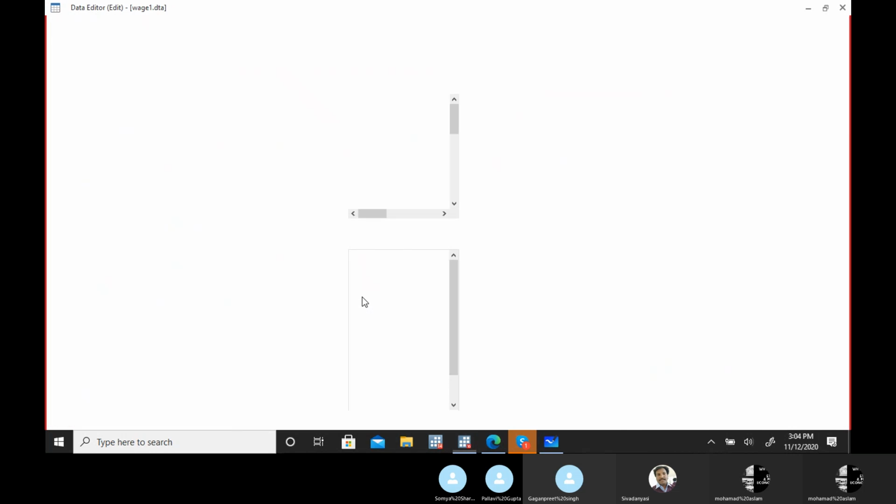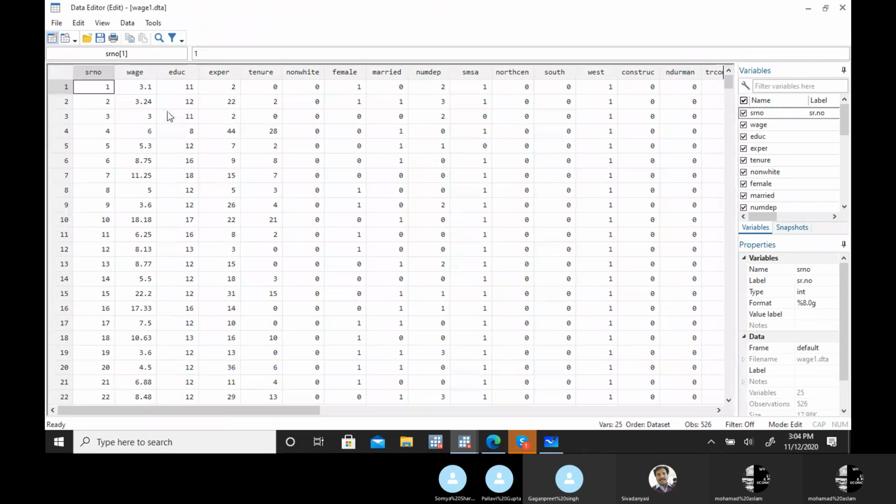Let me open the data editor window. We have wages here, which might be in dollars; maybe this data set is from the USA. These might be per hour or per day, I don't know, but let's suppose per hour, just hypothetically. Then you have experience, let's suppose in years, and education in number of years.